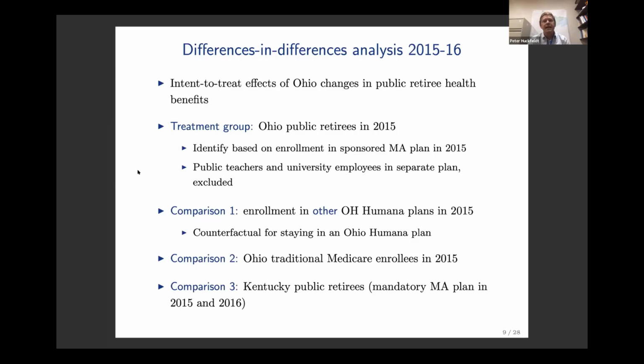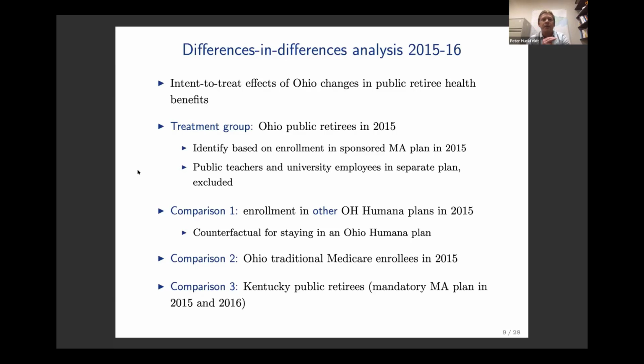One key point about this treatment group is that public teachers and public university employees in Ohio are in a separate plan. I think the benefit of that is we would think of that as probably, on average, a higher SES population, so hopefully this gives us a more representative population in our analysis.